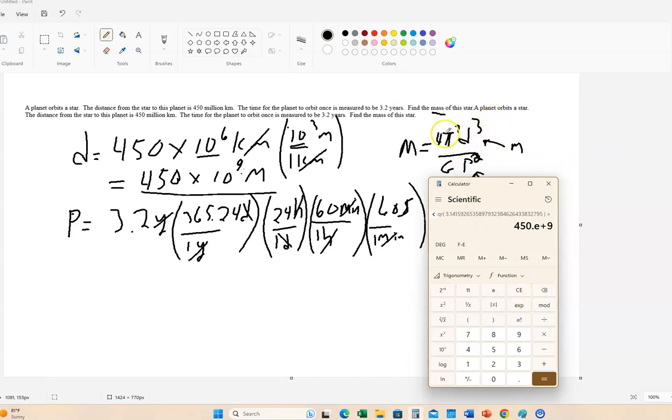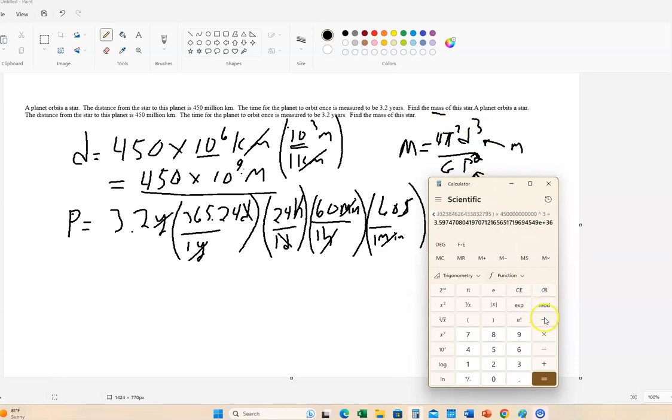That's the whole purpose of this. Anyhow, now I have to cube that. So if I hit this x to the y button, raised to the third power, I've just done the entire numerator, and I've got to divide by big G.